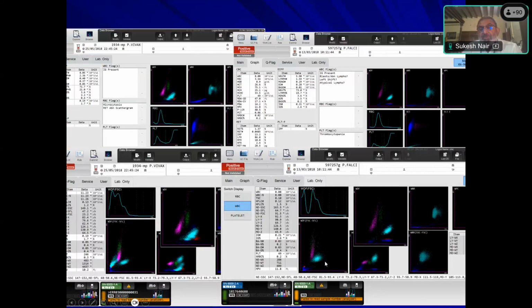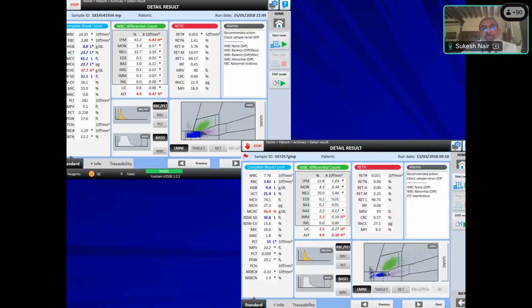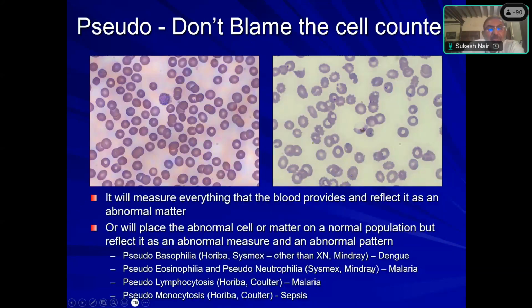So pseudo-eosinophilia and pseudoneutrophilia can be an early marker of malarial infection. So pseudolymphocytosis in the cell counter was vivax, and this was a patient with falciparum. So don't blame the cell counter when basophils are exaggerated, when eosinophils are exaggerated, because they could be the earliest indicator of what pathology the patient is undergoing.